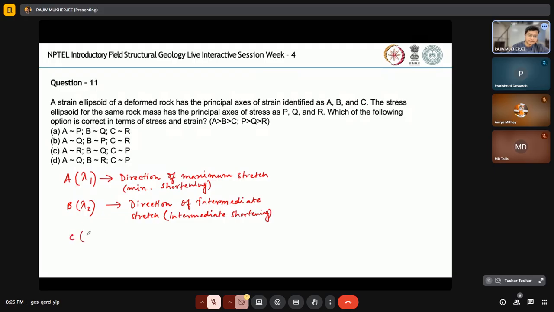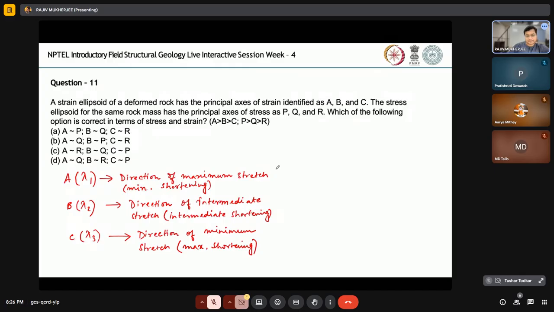And C is lambda 3, which represents direction of minimum stretch, which represents maximum shortening.